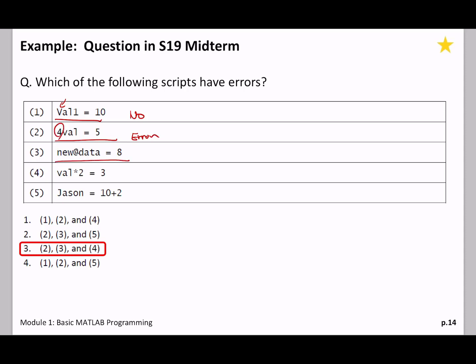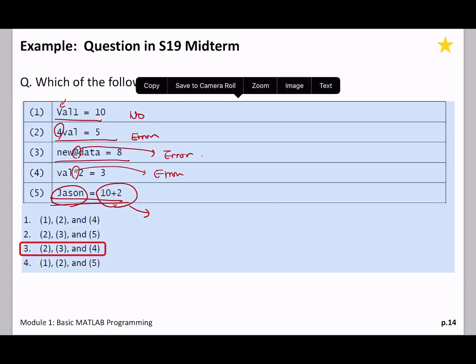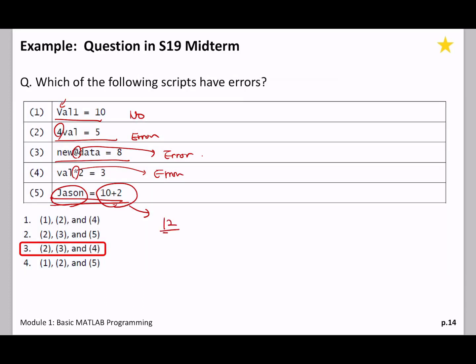This one uses a symbol other than underscore. This one as well, right? Error. Okay. What about this one? It is a correct variable name. Here is the expression to compute the value. In this case, it is 12, right? So 12 is assigned to JSON. Okay.